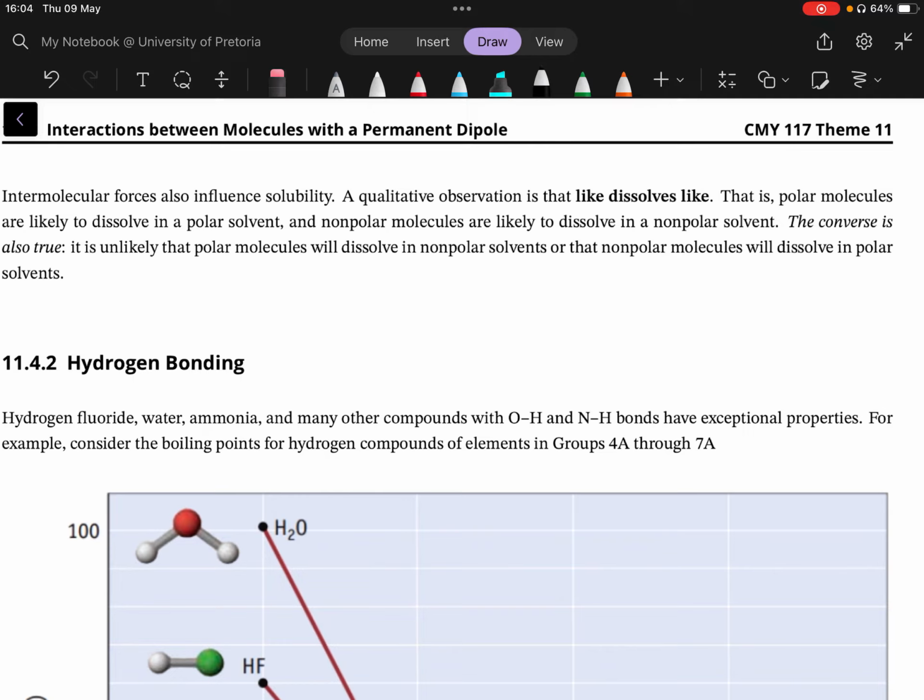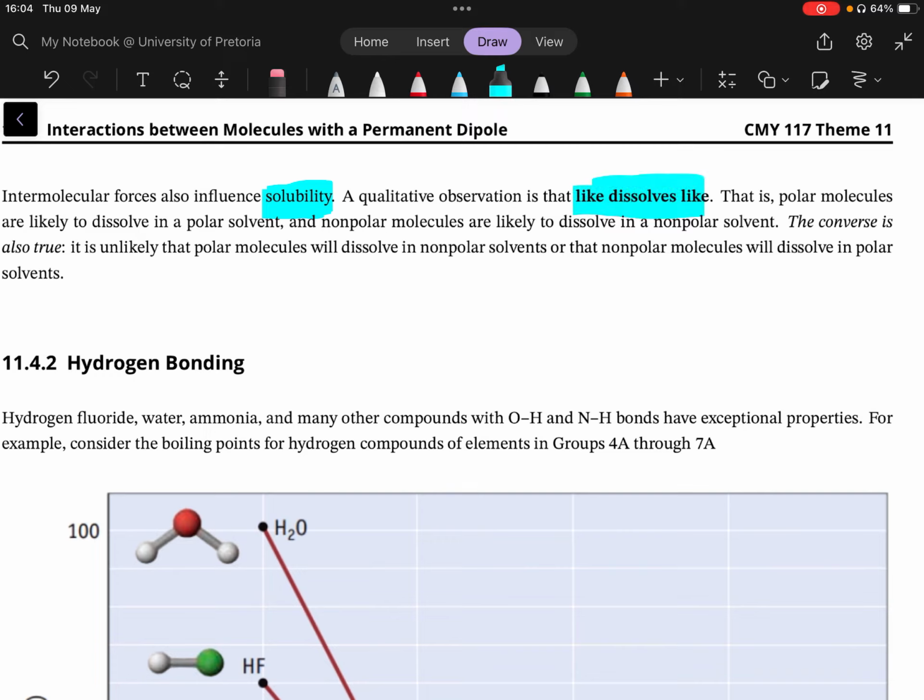Another point, maybe just by way of explanation, is that in terms of solubility, a polar molecule will not dissolve in a non-polar molecule. Well, not fully. They might solvate to an extent, but the general rule is like dissolves like.